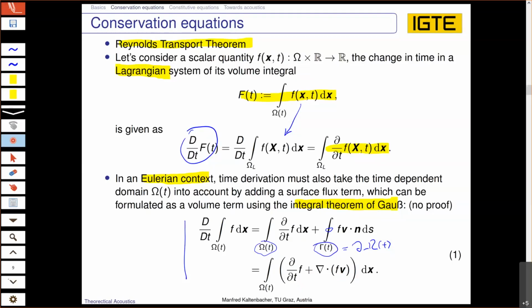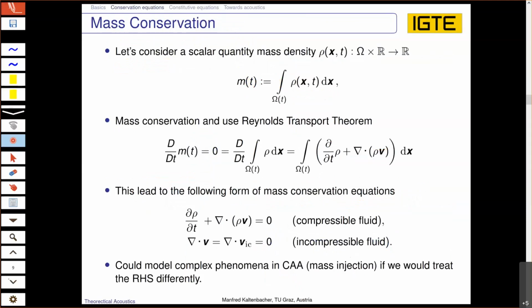And when we now apply this theorem to mass conservation, we know we have this relation here that we have to integrate the density over the volume to get the total mass. And we are interested in the change of the total mass.